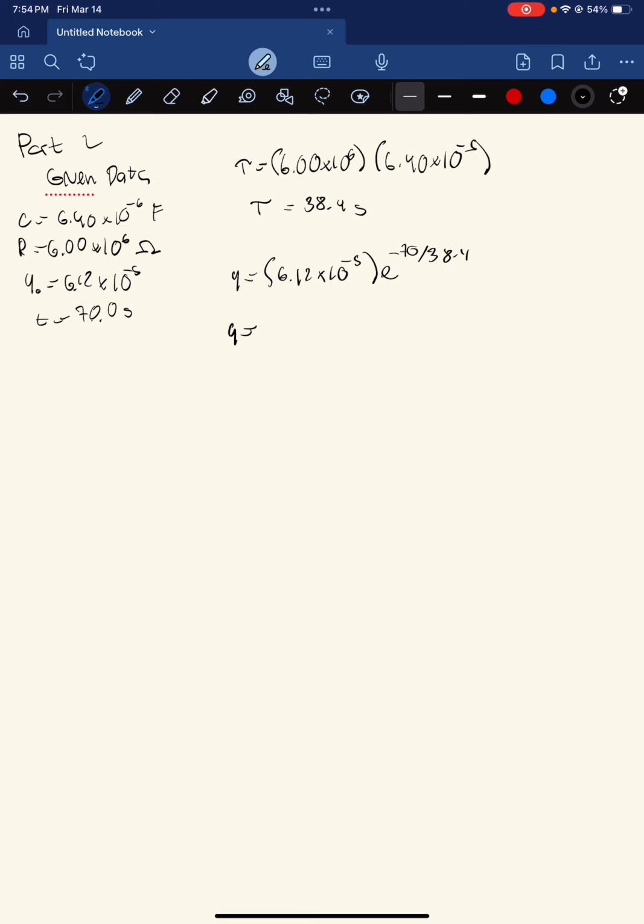So 6.12 times -5 multiplied by e to the minus 70 over 38.4. Alright, and we got 9.89, 10 times -6 charge. Perfect. And that was my exam for chapter 26.